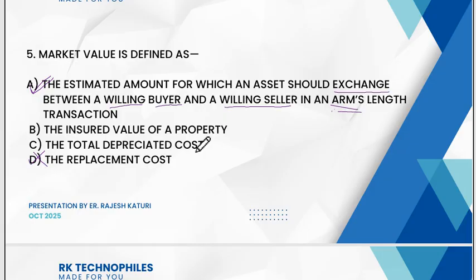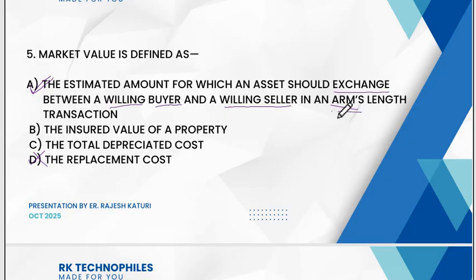So market value has conditions like it should exchange between a willing buyer and a willing seller. Okay, there is no compulsion and all. Arm's length transaction means both parties are unknown to each other.